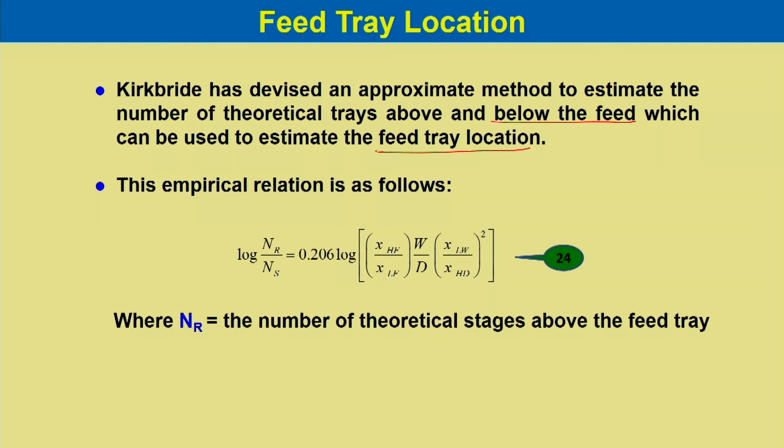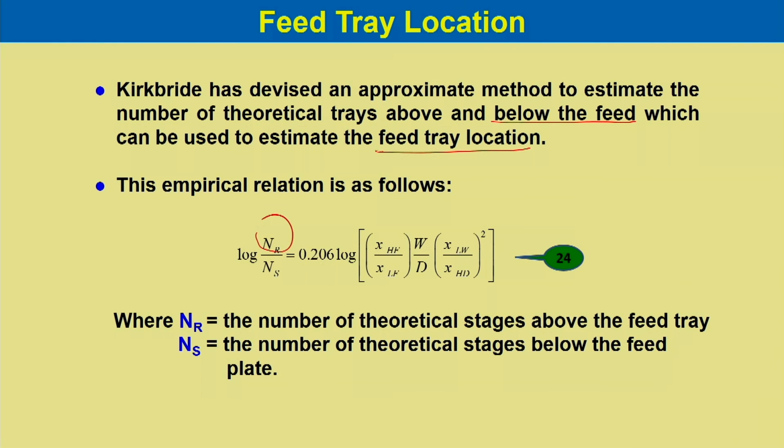Here NR is the number of theoretical stages above the feed tray and NS is the number of theoretical stages below the feed tray.